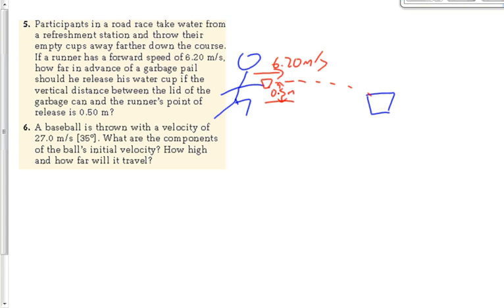What do we want to find out? We want to find out this distance right here. This is a regular projectile motion question. We want to find out how far this cup goes when it's released from a height of 0.5 meters at a speed horizontally of 6.20 meters per second. So, no funny angles to worry about here. Let's just break it up into x and y components. We always know to do v = Δd/t.